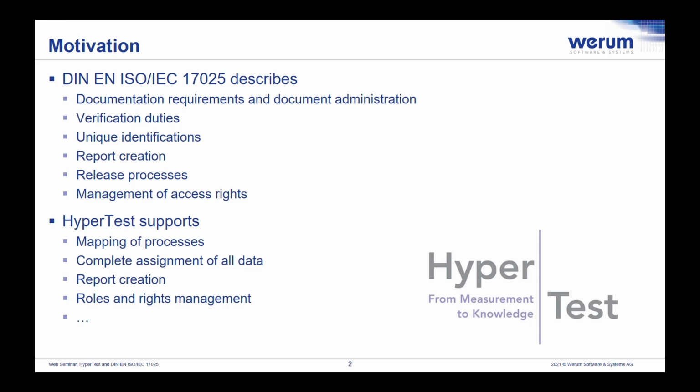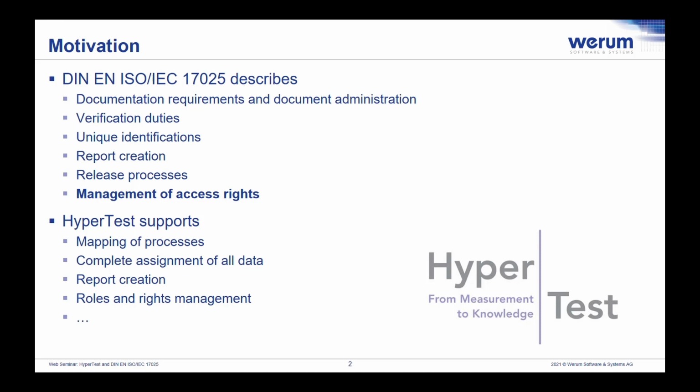ISO 17025 describes the management of processes, documents, and information. This also includes requirements on documentation and the administration of documents, verification duties, unique identifications, the creation of reports, release processes, and the management of access rights.